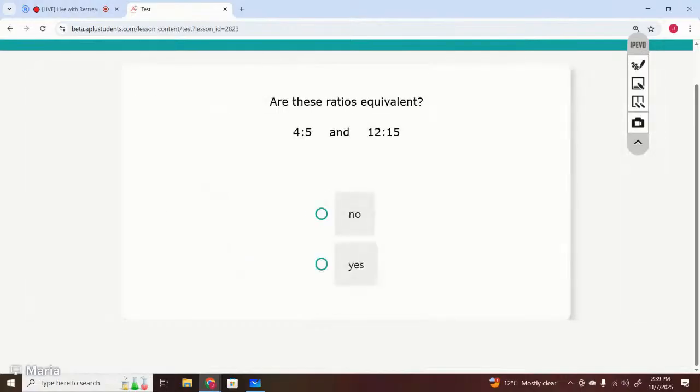Are these ratios equivalent? 4 to 5. Yes, they form a proportion.